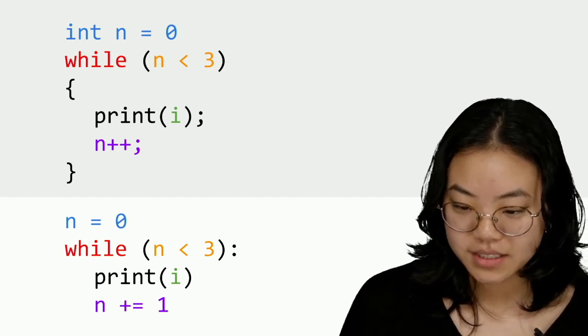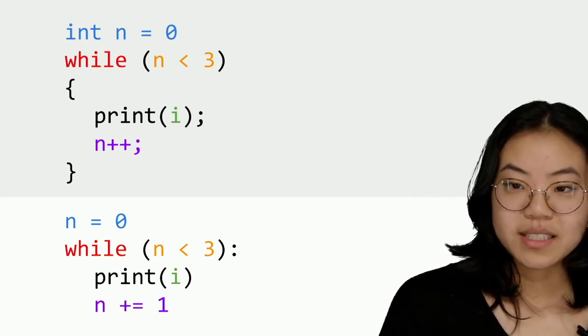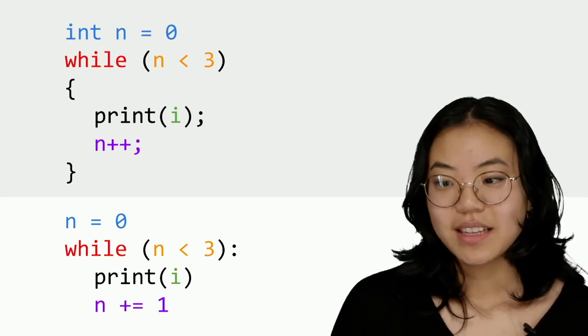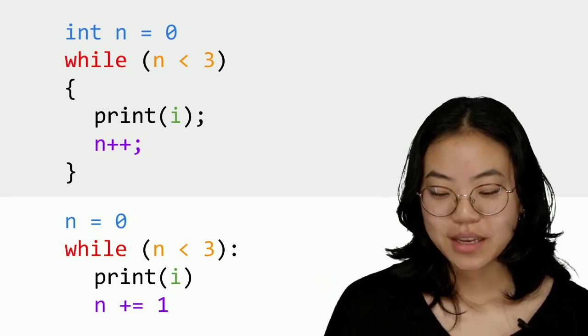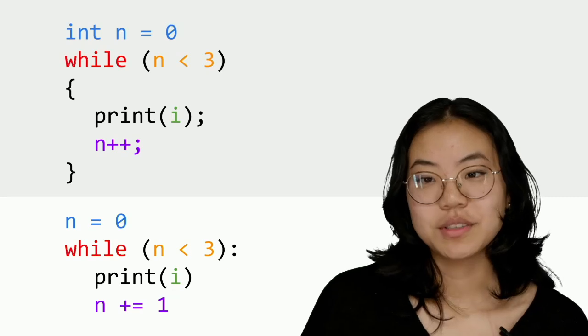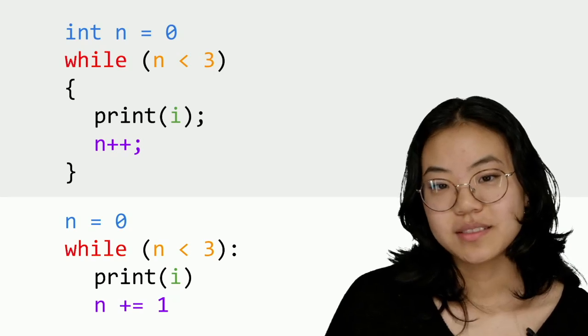Another key difference is that where we could do n++ in C, that's no longer a functionality we have in Python, and so we have to use the plus equals notation. So n plus equals 1 will just add 1 to n.